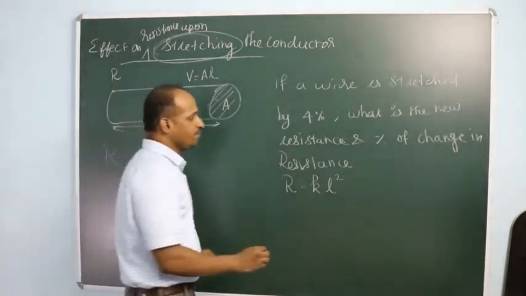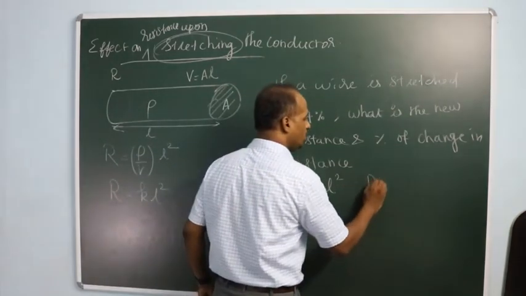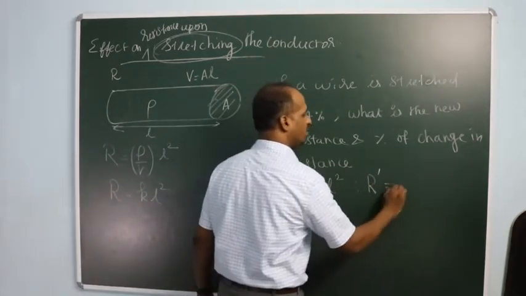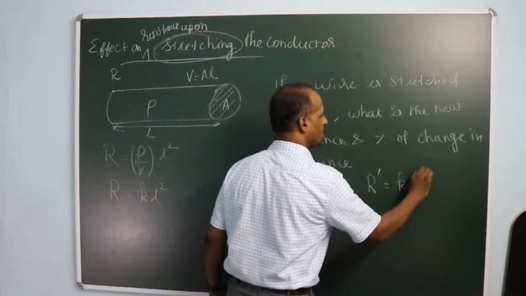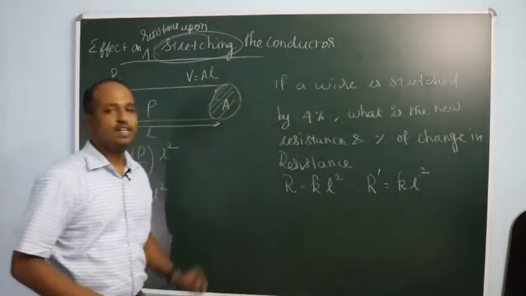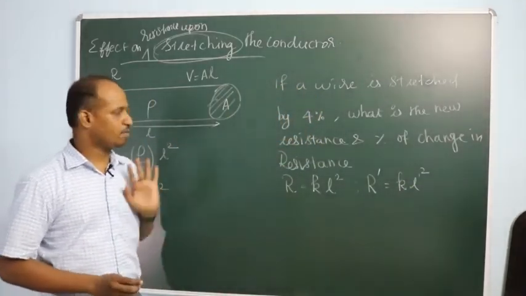Okay. Then if it is stretched, the new resistance R prime is equal to K into L prime square. What is L prime? Finding L prime is the problem here.